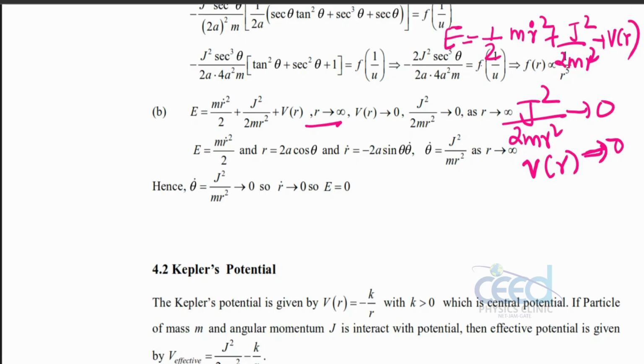So once the potential varies, r tends to infinity means the potential function is also 0.